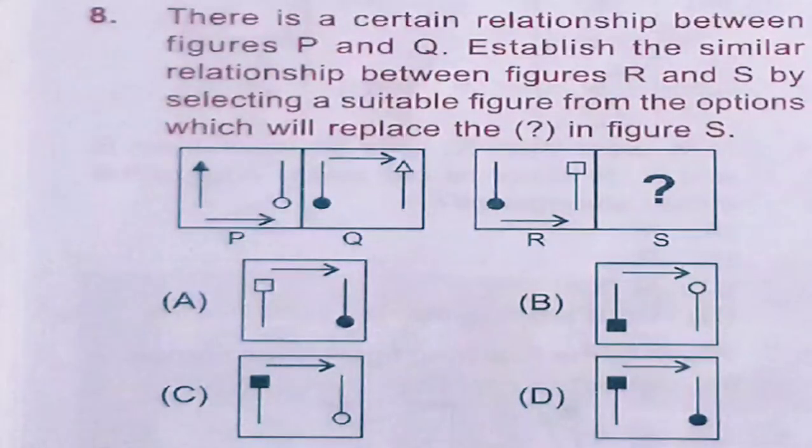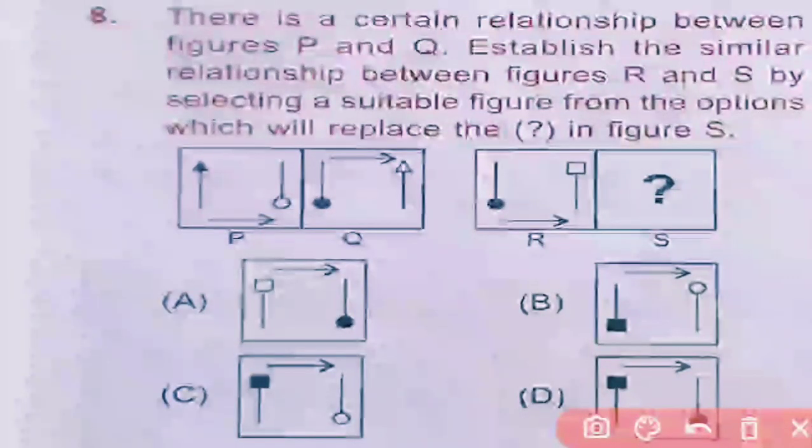Question number 8. There is a certain relationship between figure P and Q. Establish the similar relationship between figure R and S by selecting a suitable figure from the options which will replace the question mark in figure S. Now in figure P and Q, this arrow is interchanged.